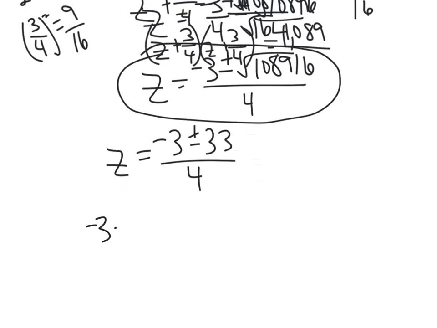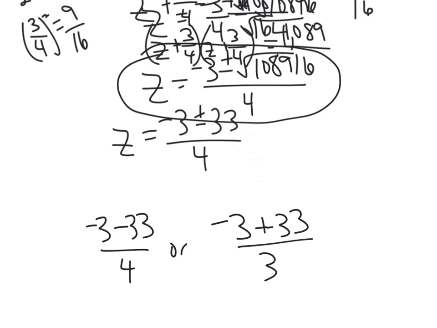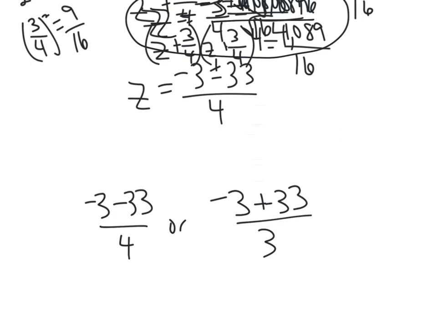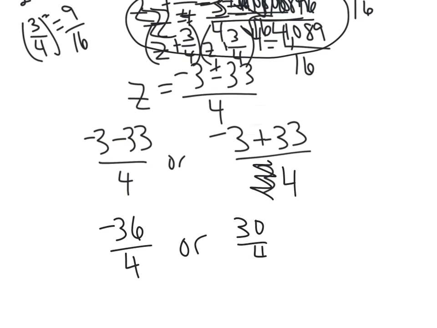So it'd be -3 minus 33 over 4, or -3 plus 33 all over 4. This would be -36 over 4, or 30 over 4. So if we divide this out, these end up being -9. The other one ends up being 7.5.